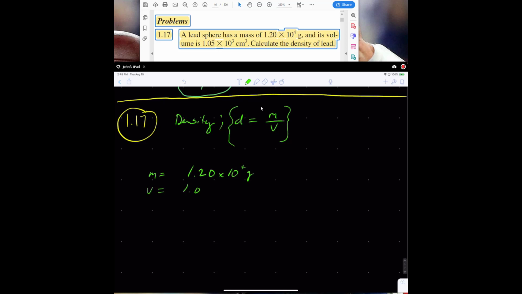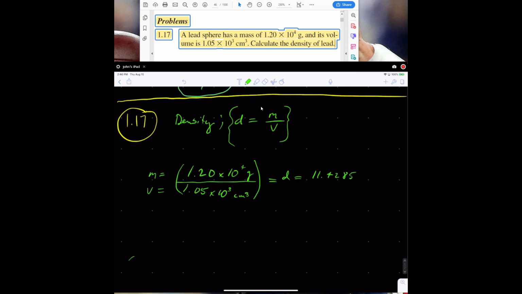It is 1.05 times 10 to the 3 centimeters cubed. So what we can do here is just divide these, and we're going to get D. We can punch it into the calculator. 1.20 times 10 to the 4 divided by 1.05 times 10 to the 3 comes out to 11.42857.